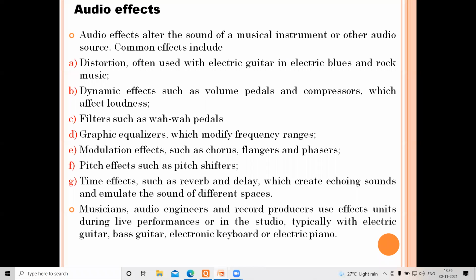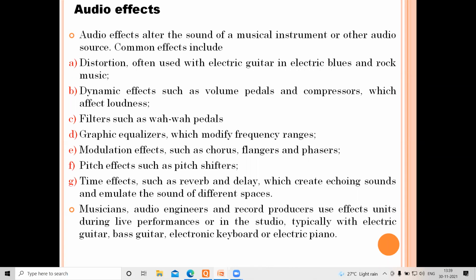When you're using your pedals, volume pedals and compression, then there are dynamic effects. Maybe you have to very carefully adjust the volume knobs and the compression knobs to have a correct impact on your loudness and pitch. When you're talking of audio, you have pitch and loudness, and all this comes into play.